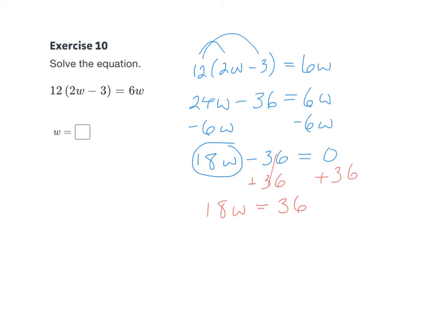Now, how do we do the inverse of multiplying by 18? The inverse of multiplying by 18 is dividing by 18. W is equal to 36 divided by 18. 18 goes into 36 2 times.